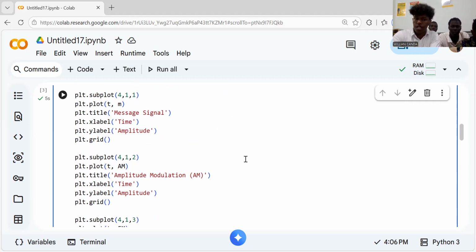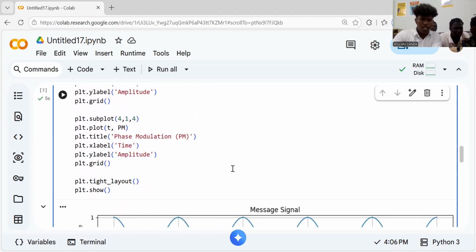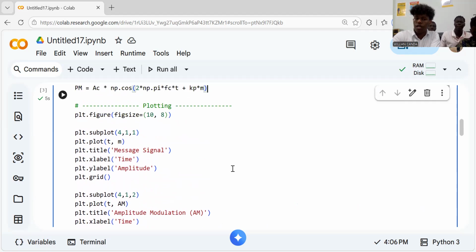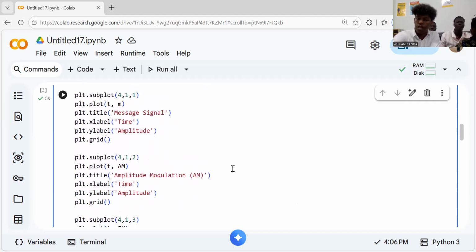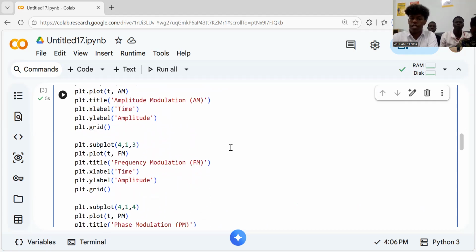The title is message signal, and the x label is time. The other label is amplitude, and we have the first graph. For the second graph, the title is amplitude modulation, the x label is time, and the y label is amplitude. For the third graph, the title is frequency modulation, the x label is time, and the y label is amplitude.